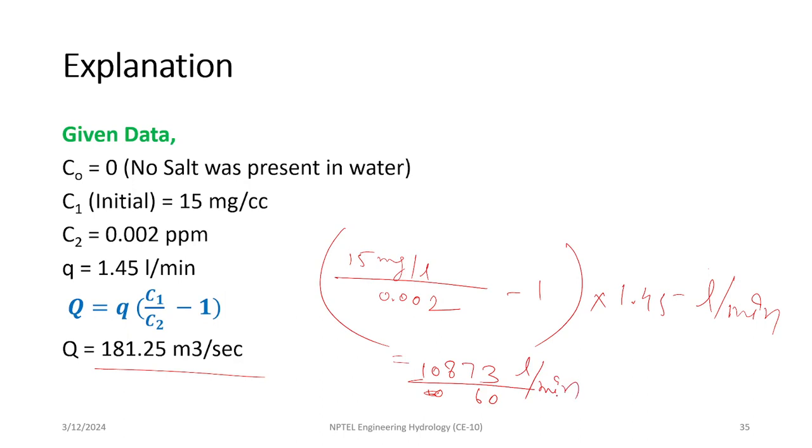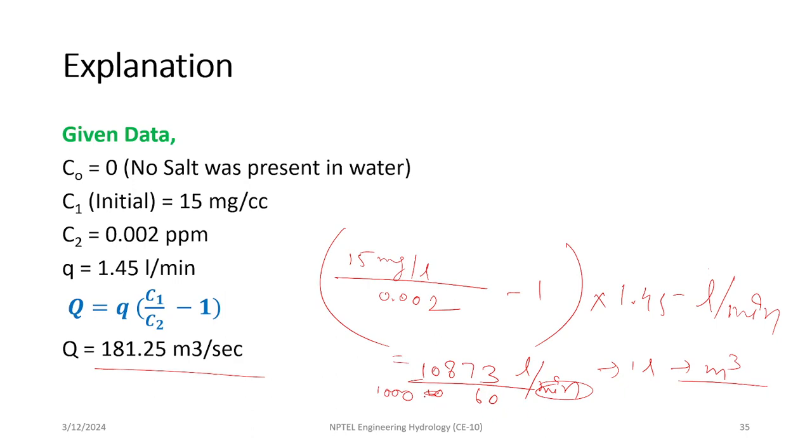To convert 1 liter to meter cube, we need to divide it by 1000.